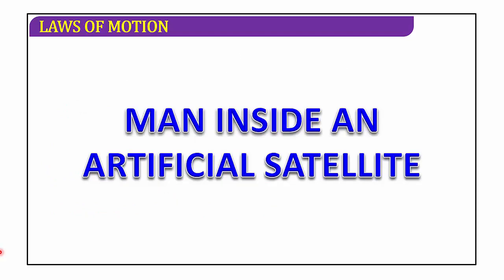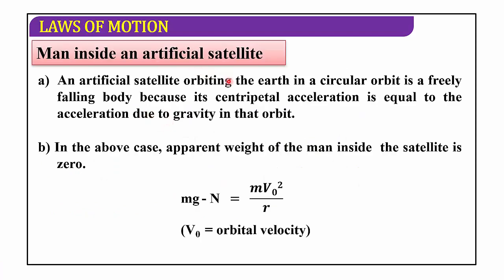Then the next concept: man inside an artificial satellite. If a man is inside an artificial satellite, how do we write the equation? First point: an artificial satellite orbiting the Earth in a circular orbit is a freely falling body because its centripetal acceleration is equal to the acceleration due to gravity in that orbit.